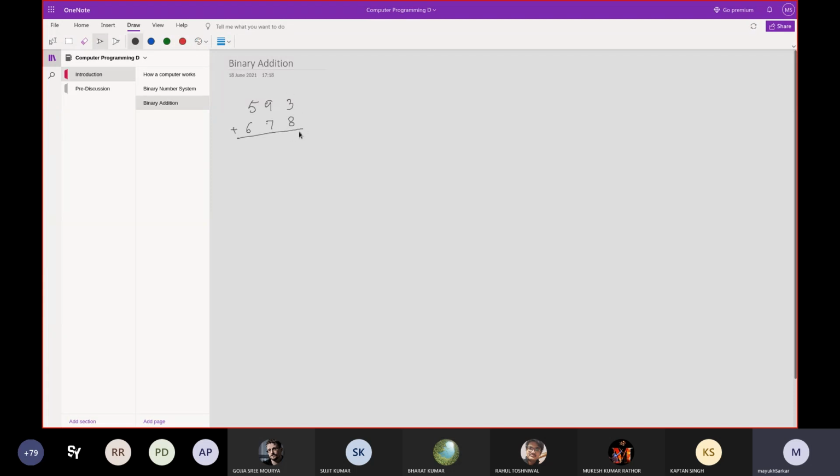So the rule of thumb is, if the sum becomes greater than 10, we put the sum as the sum minus 10 and take 1 as carry.